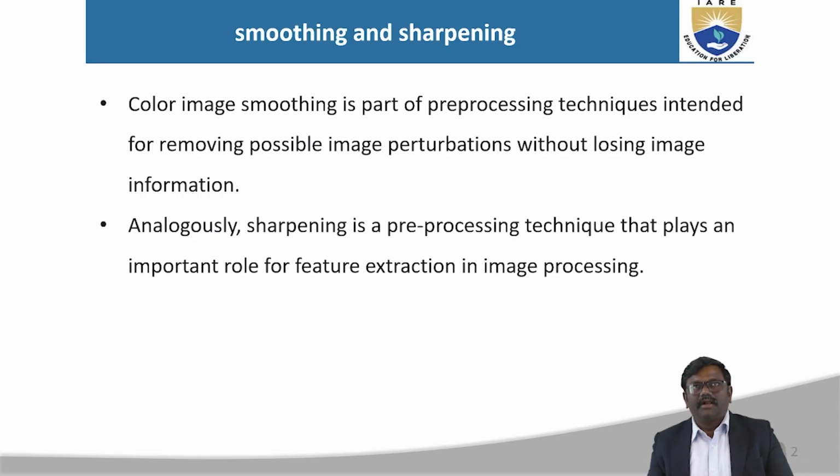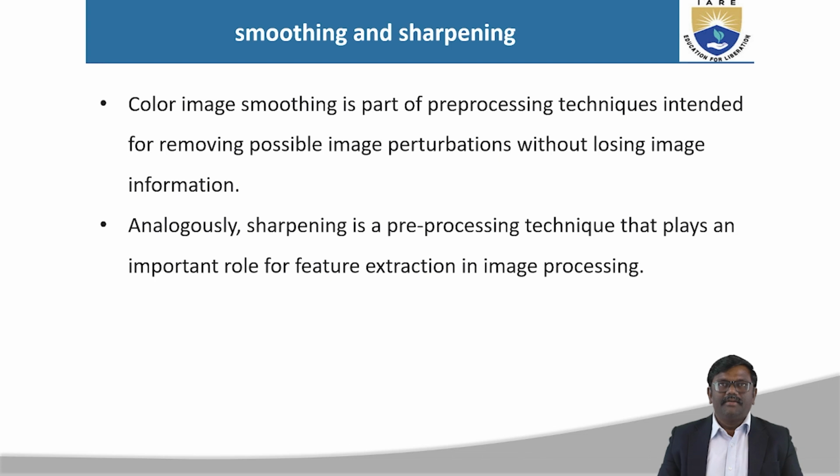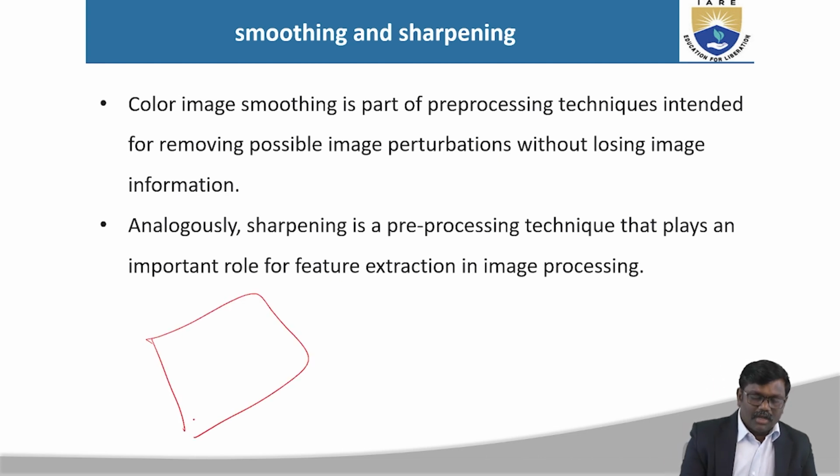So see here, I want to define how to understand the smoothing and the sharpening in image processing. You are all aware of a color image, either 2D or 3D.